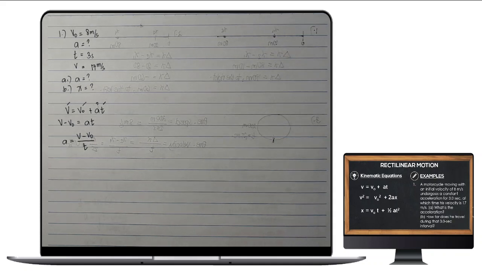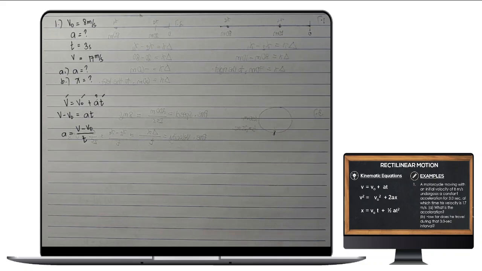As you can see, in the numerator, the difference between the final velocity and the initial velocity is simply the change in velocity. Divided by time, we now have the ratio between the change in velocity and time, and that simply defines acceleration. As defined earlier, acceleration is the change in velocity per unit time.